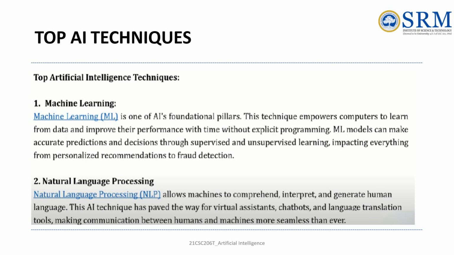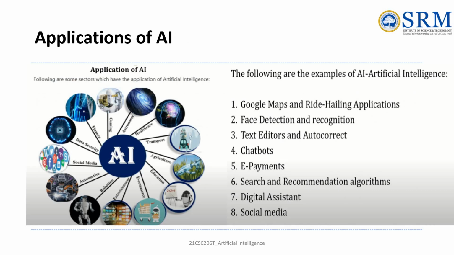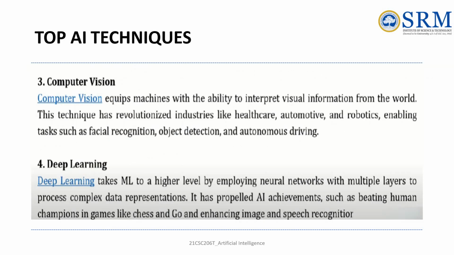And next, these are the top AI techniques. Those which help in learning from the data, that is machine learning; understanding text and speech, that is natural language processing, NLP; recognizing images, that is computer vision; planning and decision making, for which we use expert systems; and prediction and forecasting, which is deep learning.